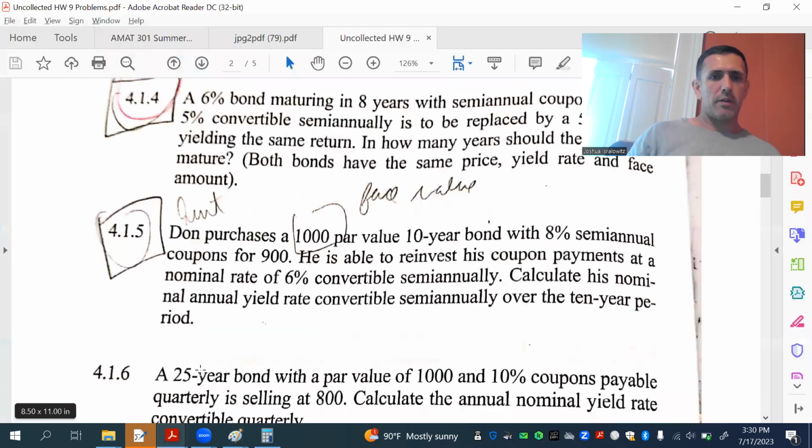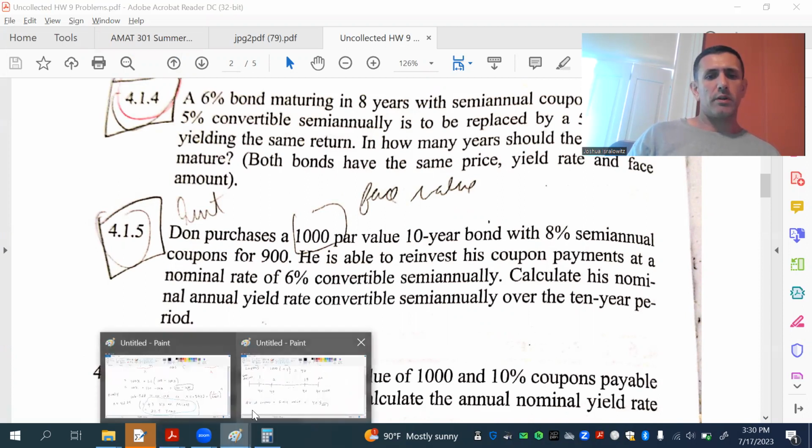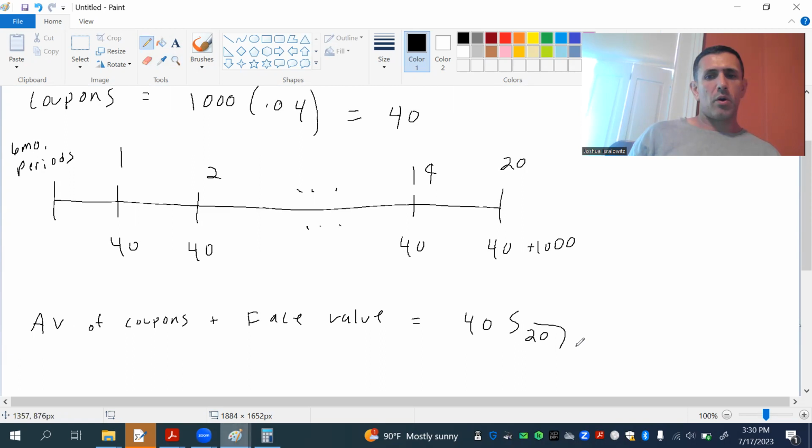Remember that this is a 6% nominal semi-annual rate for the account that Don is reinvesting the coupons in. So we divide by 2 to get 0.03, plus 1,000. So we're actually almost done.